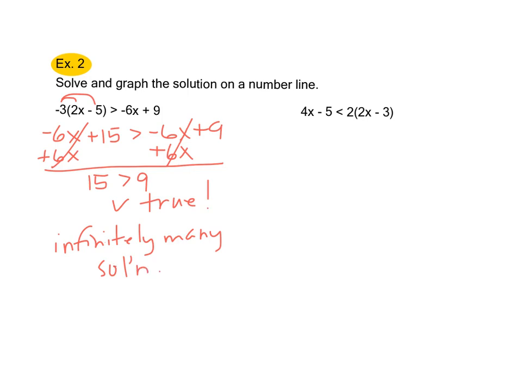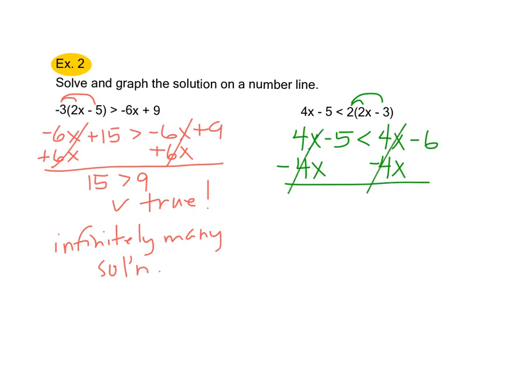I'll just abbreviate solutions. On the right, same idea, 4x minus 5 is less than 2 times 2x minus 3. Again, there are variables on both sides, so in this case, I'll distribute the 2 in on the right, giving me 4x minus 5 is less than 4x minus 6. Getting my variables to the left-hand side, I'll move 4x over.